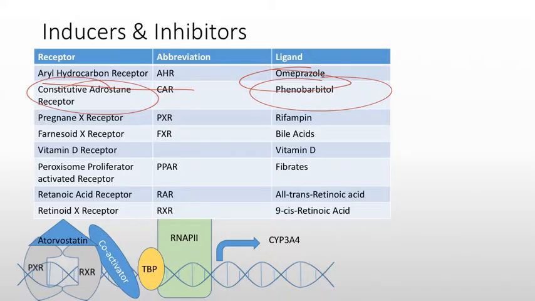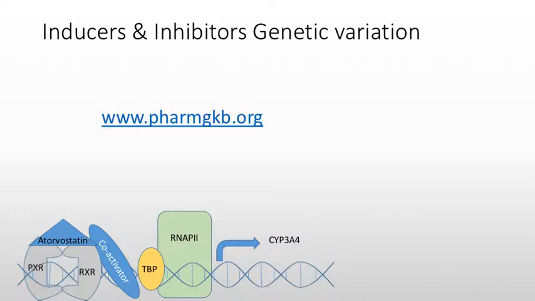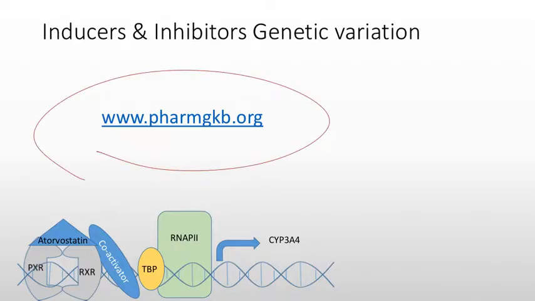And that's because this is the mechanism of inducers of the P450 system. Okay, I'm about to give you a big list of things that I think are high yield to remember, but before I get into that, this is the website you can go to if you're more interested in the genetics of the P450 system. Like if you know you have a certain genetic mutation, you want to see how that's going to interact with a specific drug, then you can go to this website and look it up.